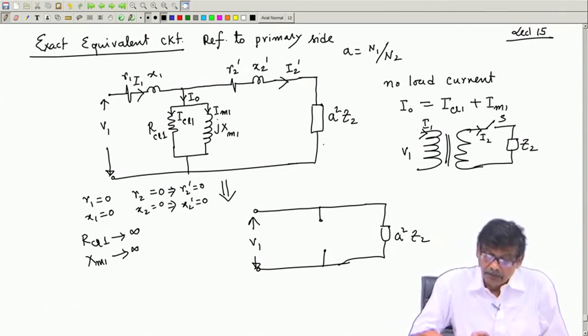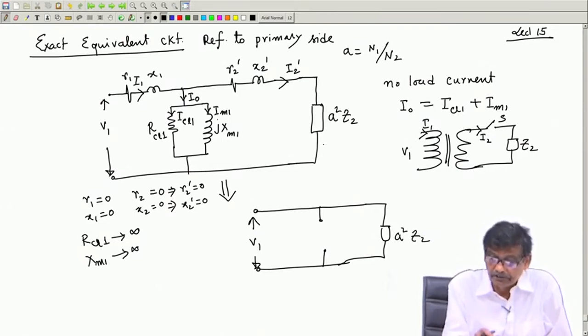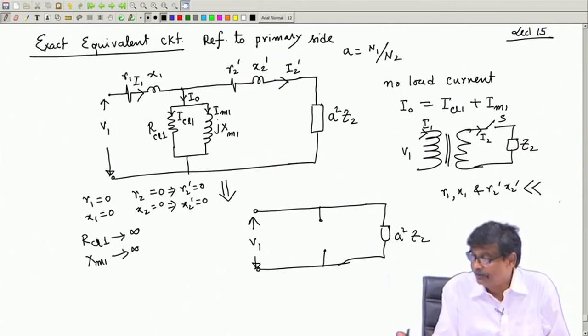Now, in this equivalent circuit, I know that R1 X1 and R2 dash X2 dash are much smaller compared to this parallel branch RCL1 and XM1. What I am telling is R1 X1 and R2 dash X2 dash are much smaller than your RCL1 and XM1.